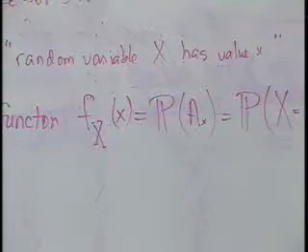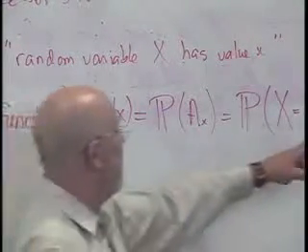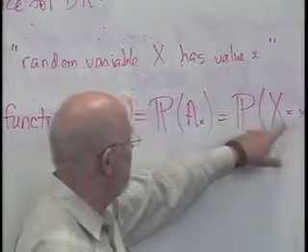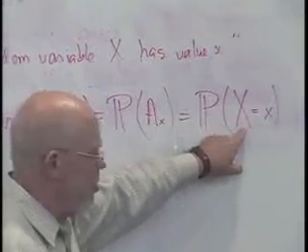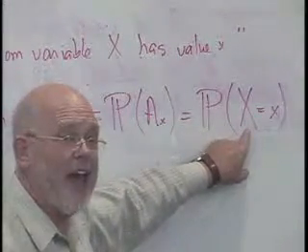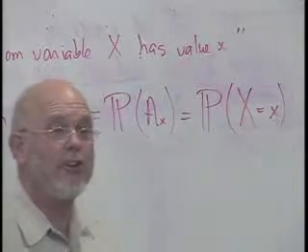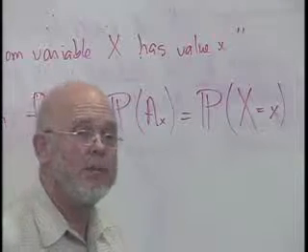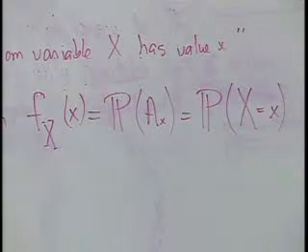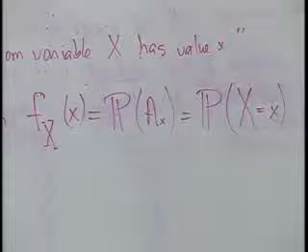So, for example, with aces in a bridge hand, if you pick up your hand, you apply the function capital X to count the number of aces, and the value of the function turns out to be 2. The probability of that event is what I mean by f sub little x of 2.